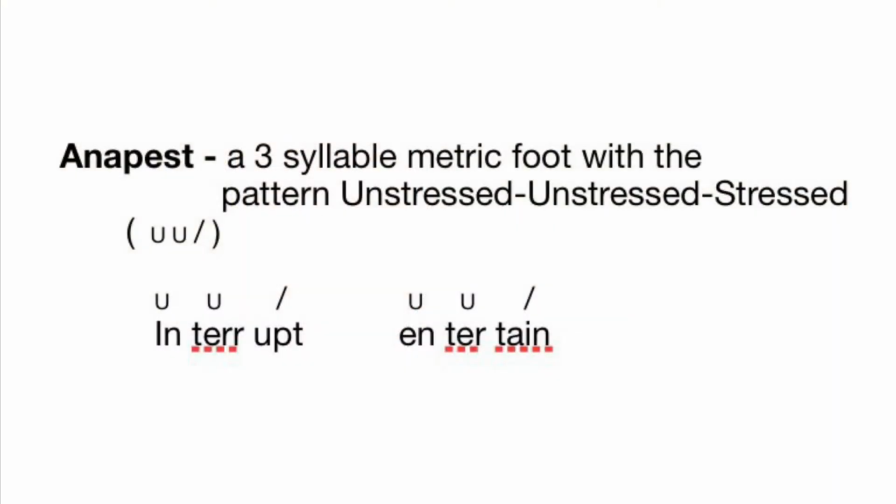Another example of an alternate metric foot that Shakespeare uses is what's called an anapest. An anapest is a three-syllable foot with the pattern unstressed, unstressed, stressed. So we look at words like interrupt and entertain.